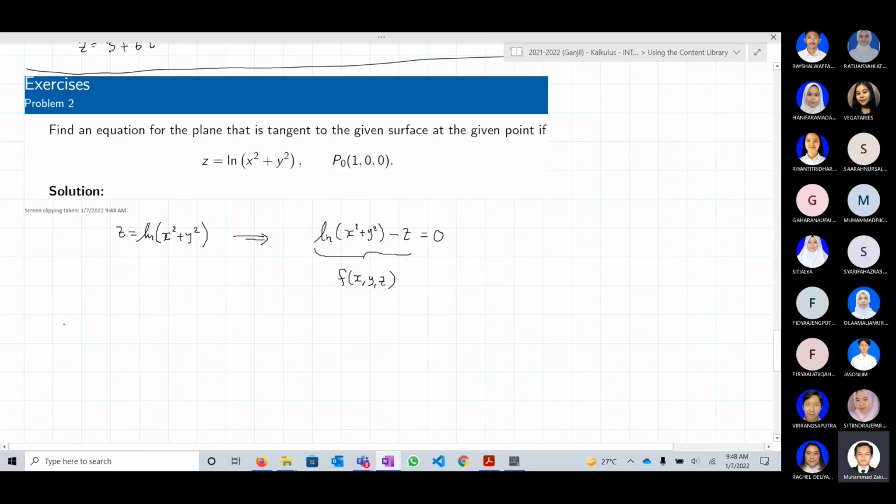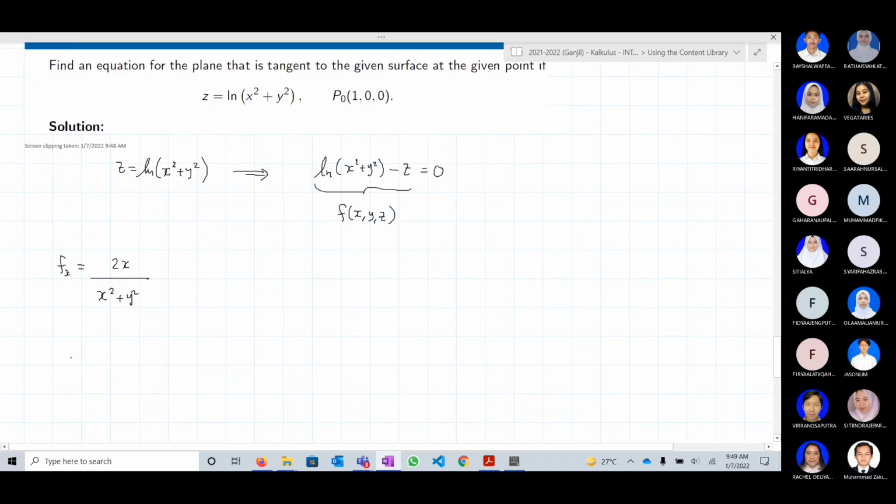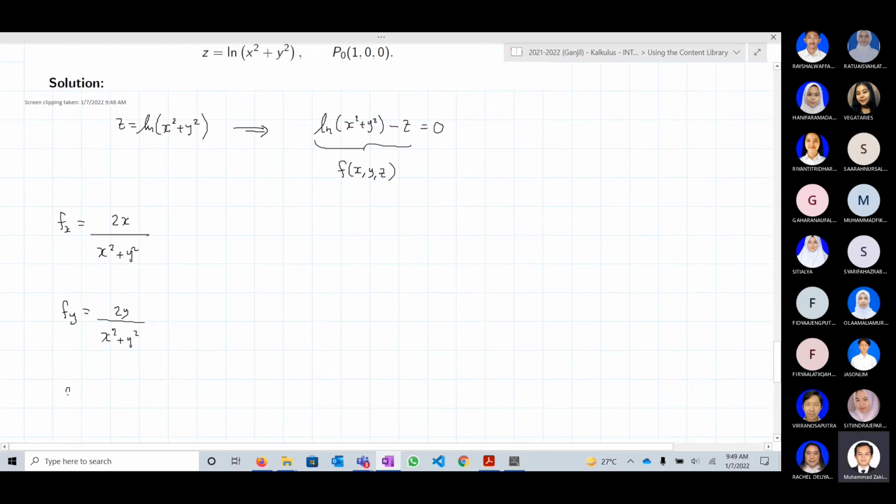So now the derivative of f with respect to x is 2x divided by (x squared plus y squared), the derivative with respect to y is 2y divided by (x squared plus y squared), and the derivative with respect to z is minus 1.